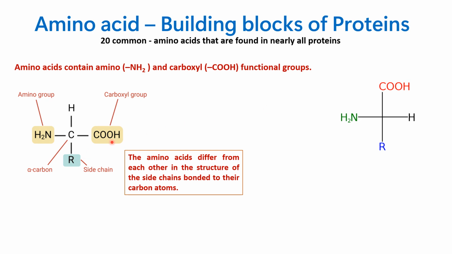If the R is different, then the carbon becomes a chiral carbon, an asymmetric carbon. Because the alpha carbon becomes asymmetric, all the amino acids with a different R group are optically active, so we have to assign configuration for them.